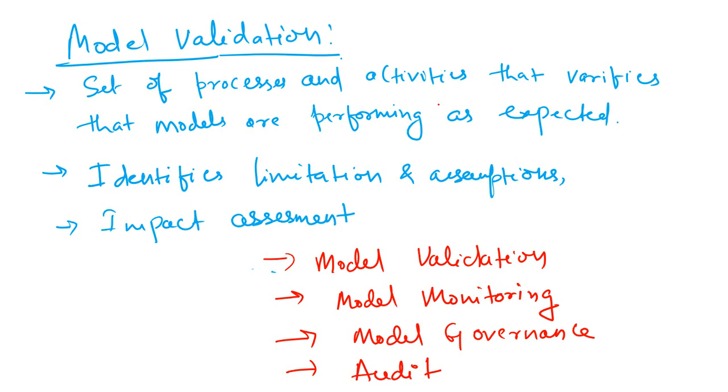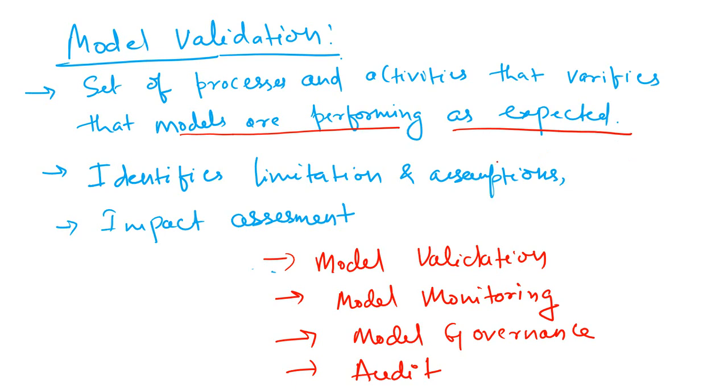Alright, so the next important thing in the model development process is model validation. Model risk could also come from model validation. What is model validation? It's nothing but the set of processes and activities that verifies that models are performing as expected. Sometimes you will come across cases where there is no proper model validation.